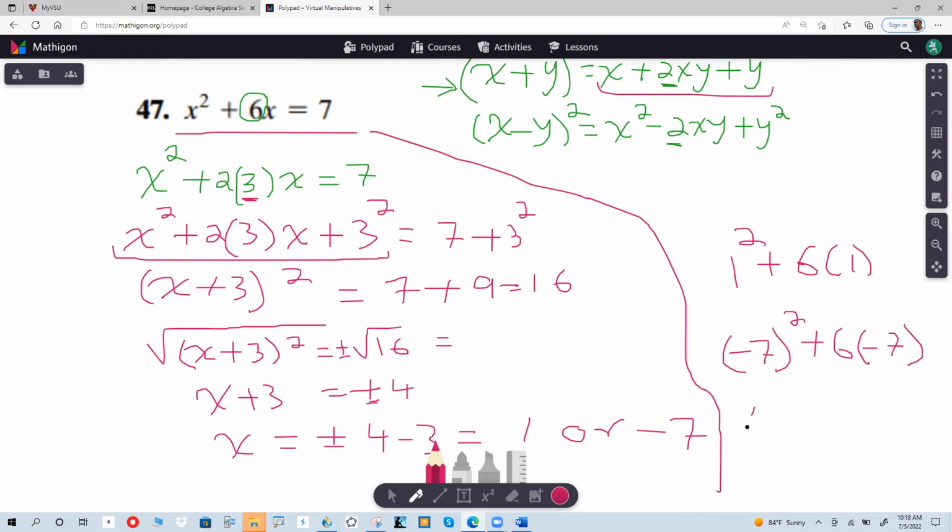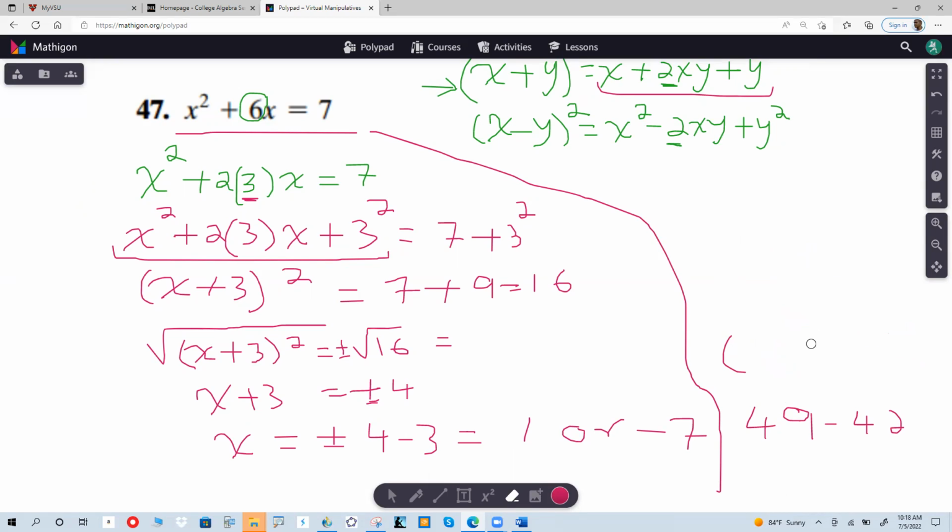Minus 7 squared is positive 49. And 6 times minus 7 is minus 42. 49 minus 42 is also 7. So I know my answers are right. I checked it. It's always a good habit. I'm going to erase it. You can do it on your calculator, but you probably want to make sure you do it.